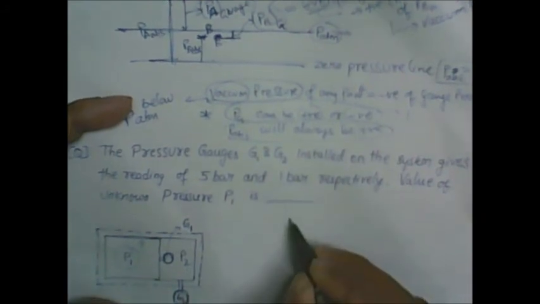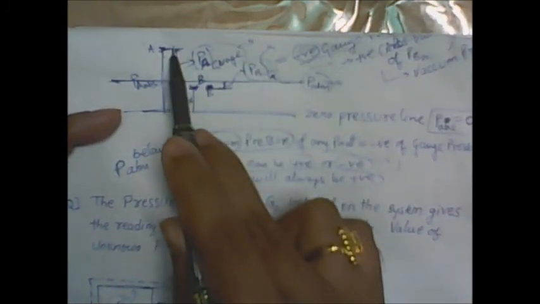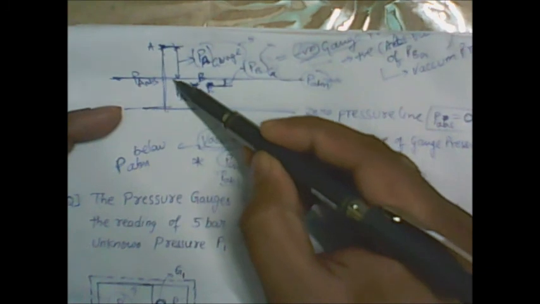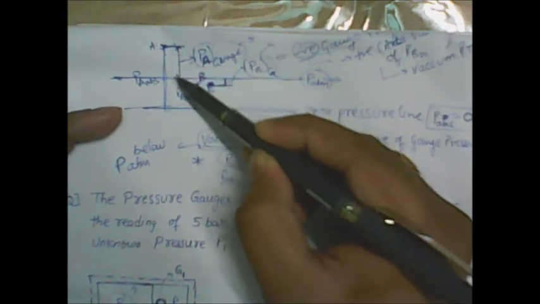Generally, the standard is, what is P absolute? From the earlier diagram, P absolute is, first of all, P atmosphere, the local atmospheric pressure, plus the gauge pressure.